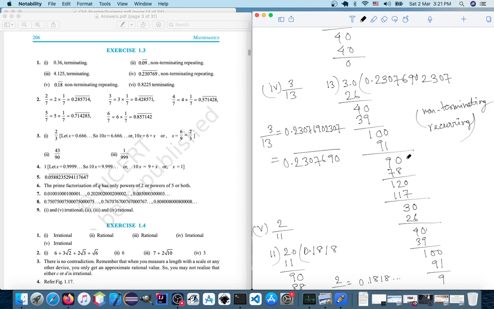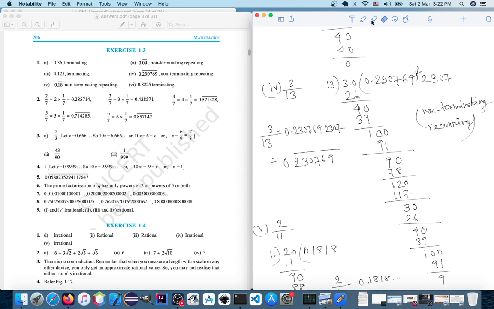I think this 0 shouldn't be there. I made a mistake in the long division method. This 0 won't be there. So we won't have this 0.